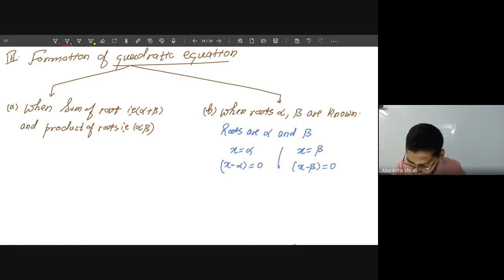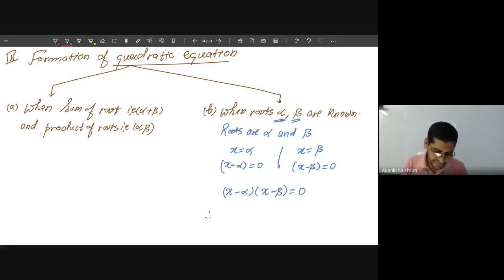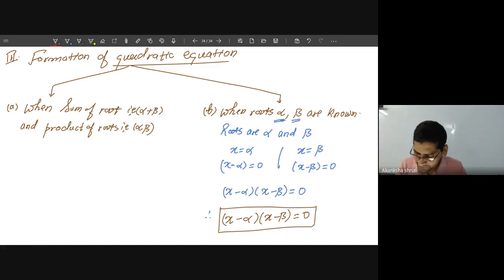By knowing this, what can we say? x minus alpha and x minus beta is equal to 0. Means knowing alpha and beta, what do we have to do? We have to just substitute in this one. Means x minus alpha we have as one factor and x minus beta we have as the other factor. This way, by substituting in this, we can get it. Even after simplification, we will get the same result.